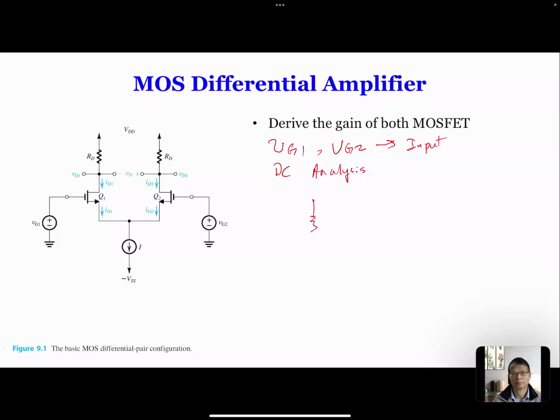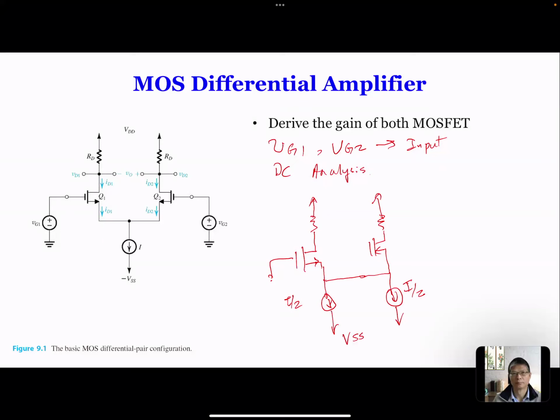Start with the drain resistance and the MOSFET gate grounded, and then for this part, each is going to carry half of the current, and the bottom is connected with VSS.